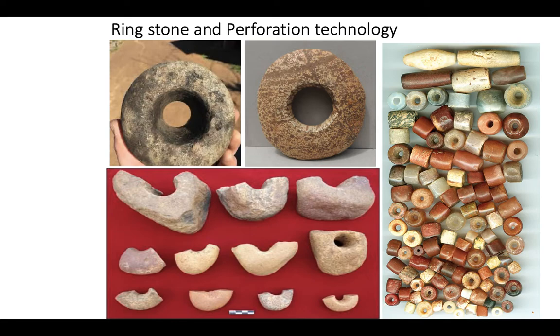In the Upper Paleolithic or Mesolithic, the Patne site is reported with ostrich eggshell beads, and shell beads have also been reported commonly at many other sites.